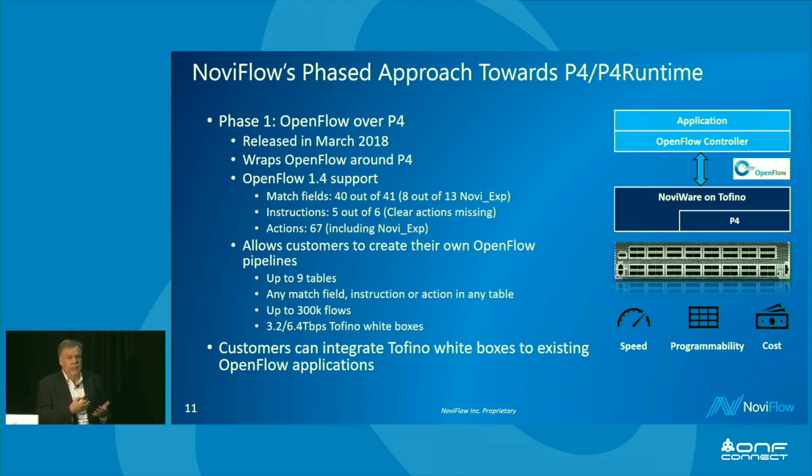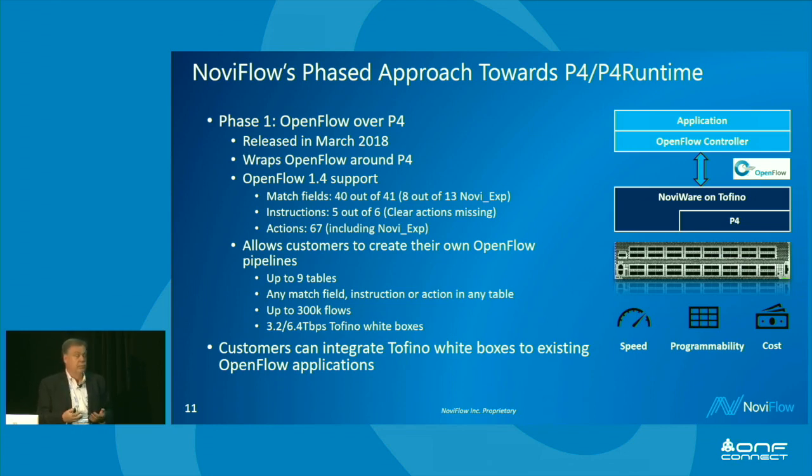And the way we did this was within Noviflow, it looked like an OpenFlow switch, but we took that OpenFlow and turned it into P4 programs. We auto-generated P4 programs, compiled them, and pushed them into the silicon. And then you could add, delete, modify flow entries in that pipeline.